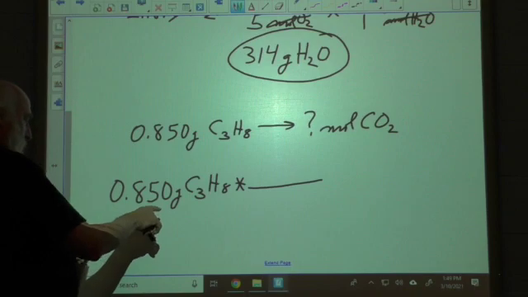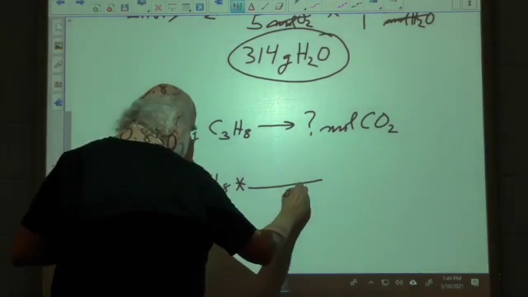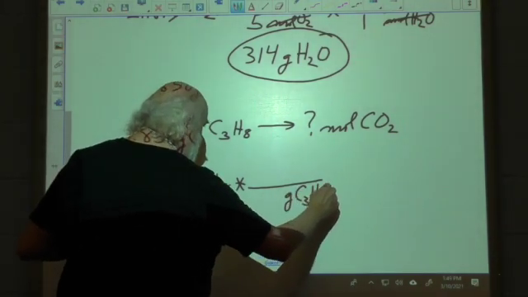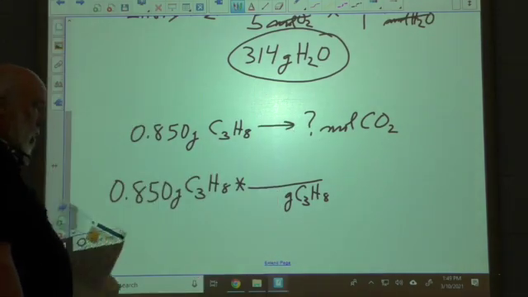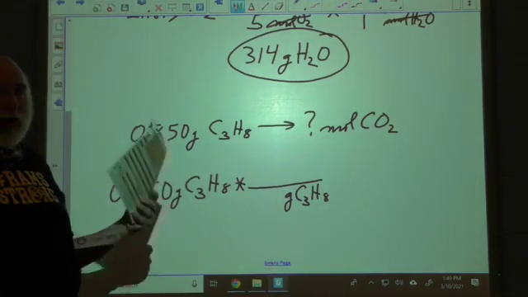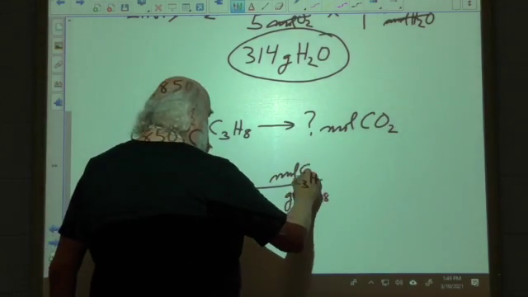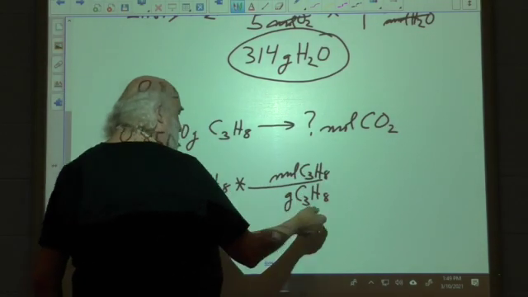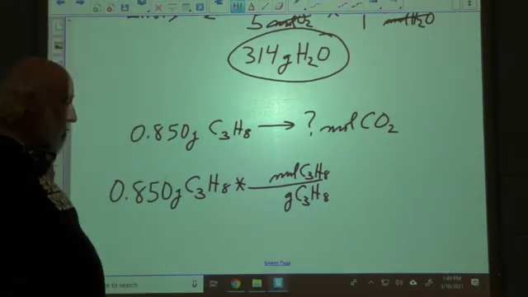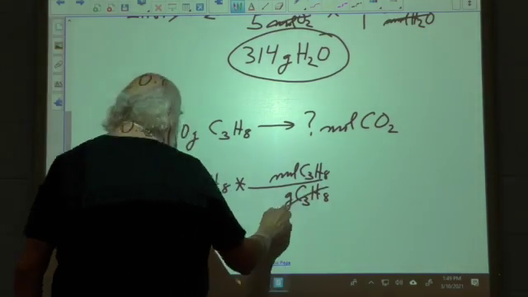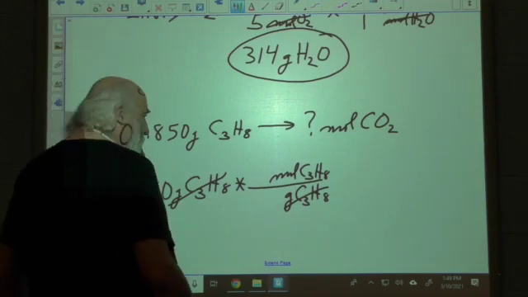Now grams of propane has to be changed because if we're going to use the equation up there, it can't be done in grams, we have to change it to moles of propane. And as you can see, the propane stays the same, but the grams gets changed to moles, which we can do, but not just right now. I'm just going to go ahead and cancel that out right there.